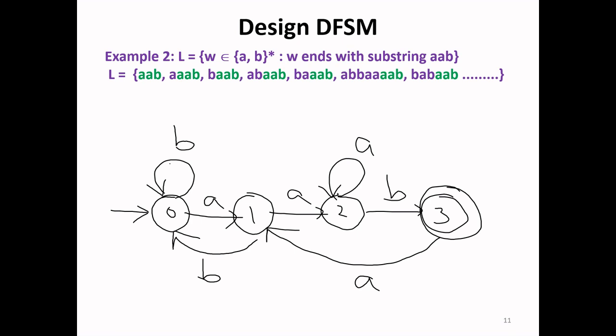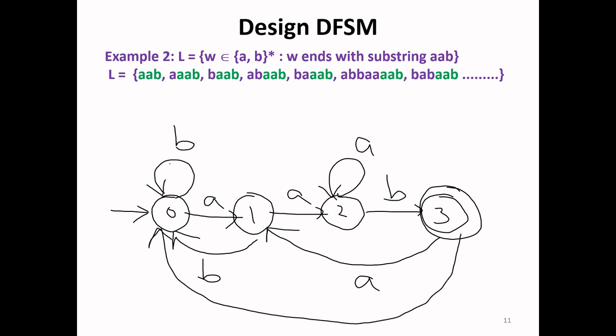Now you see, A, B. If I have an A, again it must be followed by another A and B reaching the final state. So for A it is over. What about B? If I have a B, then what to do?